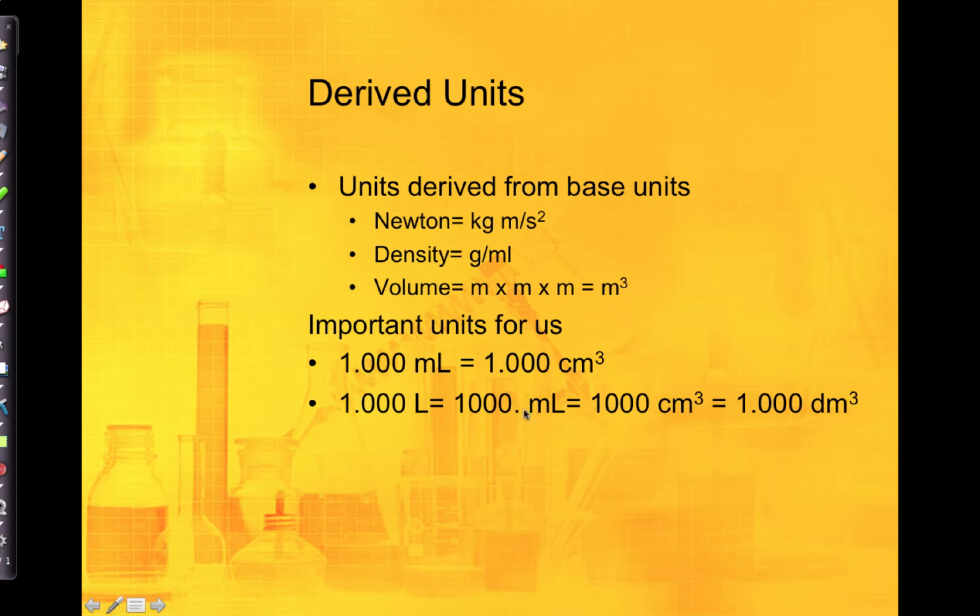And 1,000 milliliters, of course, would also be equal to 1,000 cubic centimeters. But really, that's the important part, is the 1 liter and the 1 decimeter cubed here. Make sure that you know that that's equal, and that a milliliter is equal to 1 cubic centimeter.